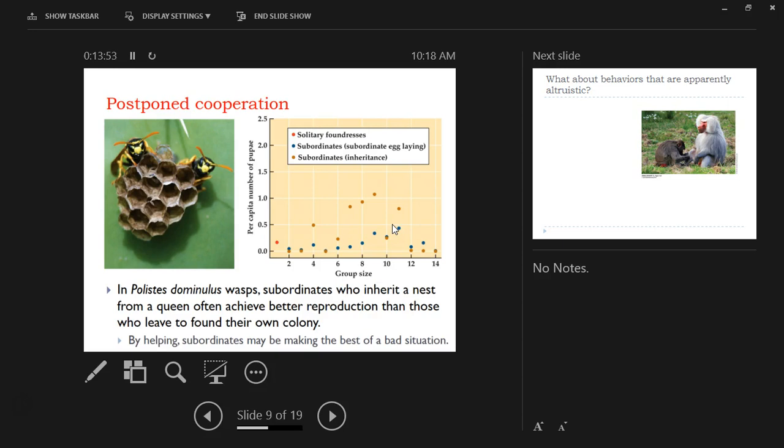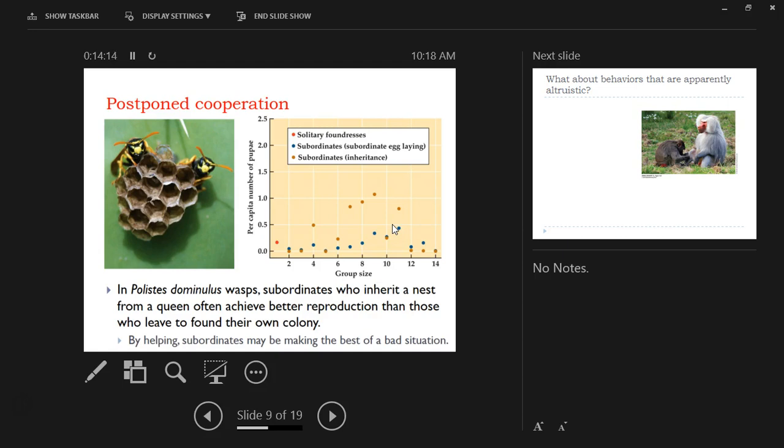And then you also have subordinates that will also work at this nest. The subordinates basically don't get to breed. They may be relatives of hers, so you can make an inclusive fitness argument about what they're doing. But sometimes they're not even relatives of the queen, and they still will help at this nest over a period of time. And that's kind of a puzzle, right?